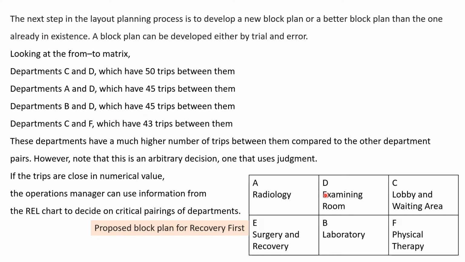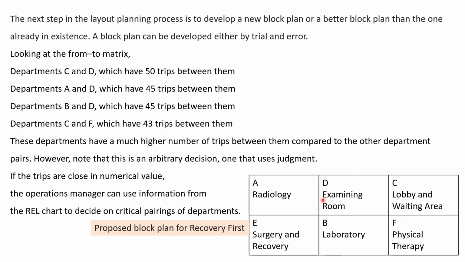And later, an operations manager may change this arrangement based on the relationship chart, based on the importance of the relationship, or based on the activity relations between the departments. A manager can modify this arrangement later.